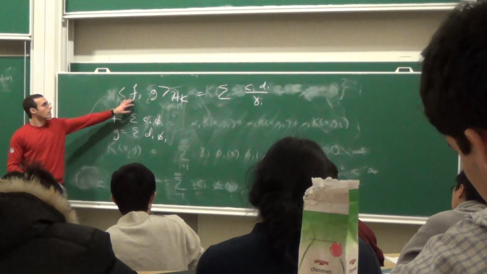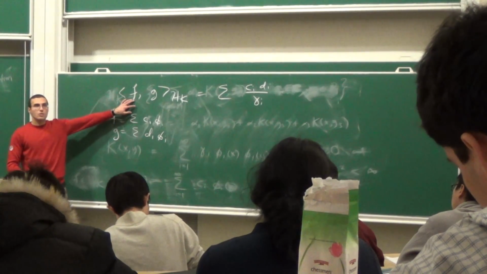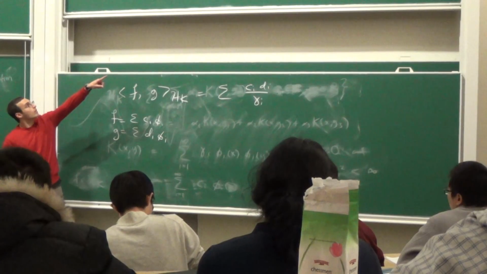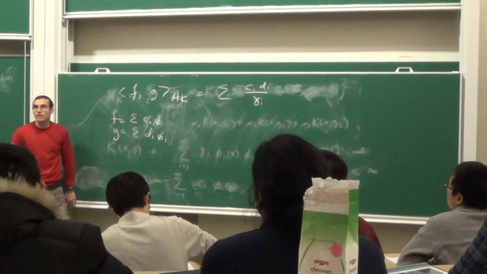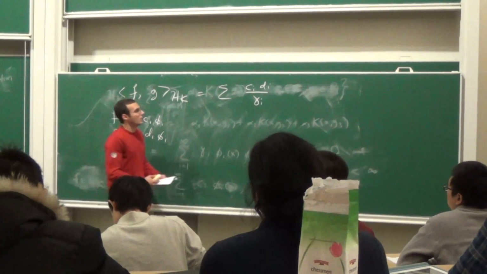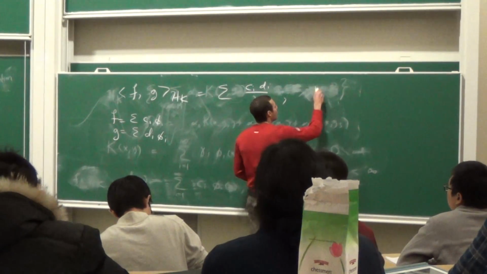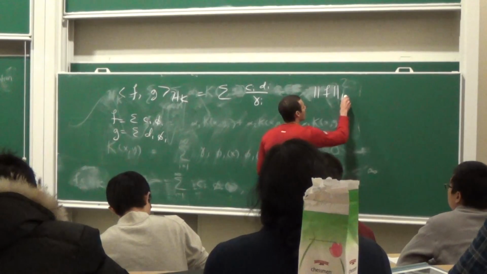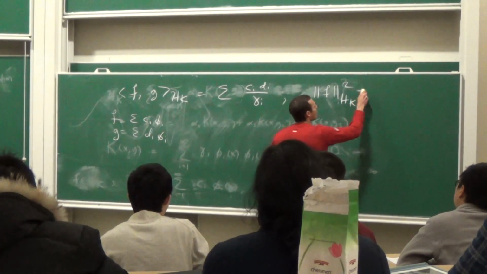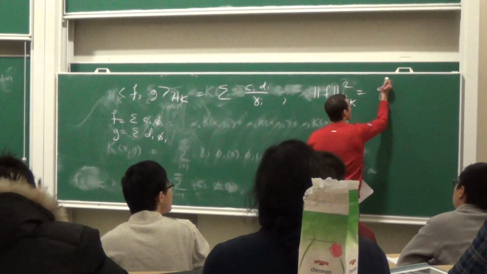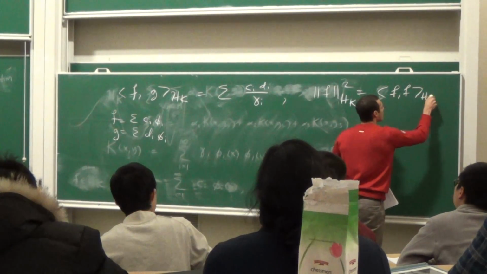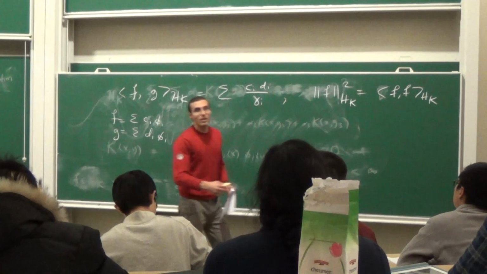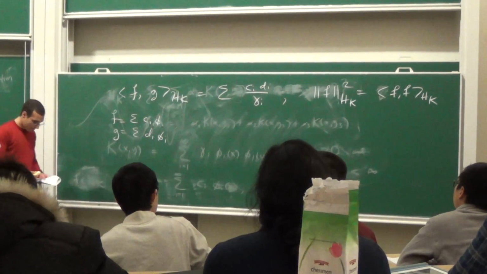Okay, and so the inner product of f with itself gives us the squared norm of f, and that just ends up being defined as the sum of c_i squared over gamma_i. You can think of this as just coming from the inner product of f with itself over the Hilbert space H_K.